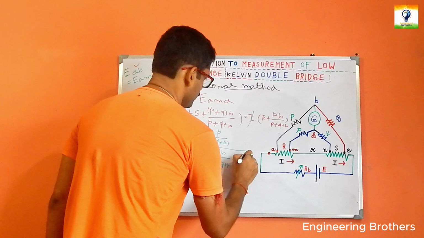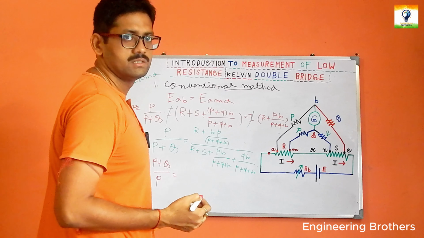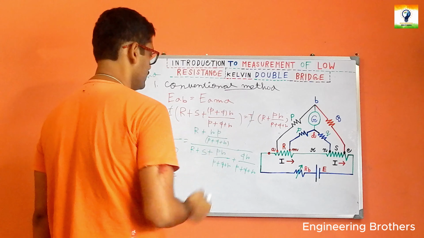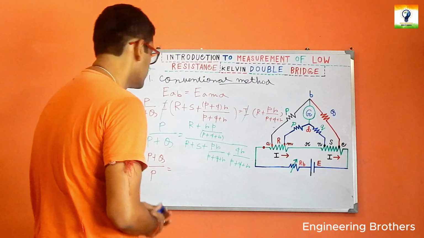I can write this expression just like this one, which is P plus Q divided by P. So this lower portion, the denominator, will become the numerator over here. We have altered the ratio of our P plus Q divided by P. So definitely we will alter the other side of our ratio as well. So let us do that over here.